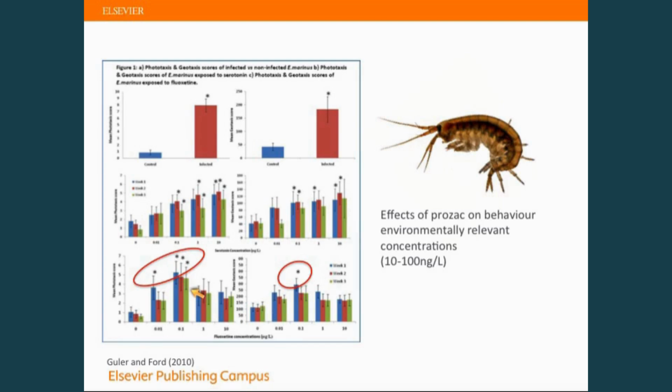When we increased the concentration of this in the water, it increased the attractiveness of these shrimp to the light. But what happened quite dramatically is we found that the effects occurred at the concentrations that can be found in many rivers and streams around the world that have a high effluent load going into them, and drugs from wastewater not being fully treated.